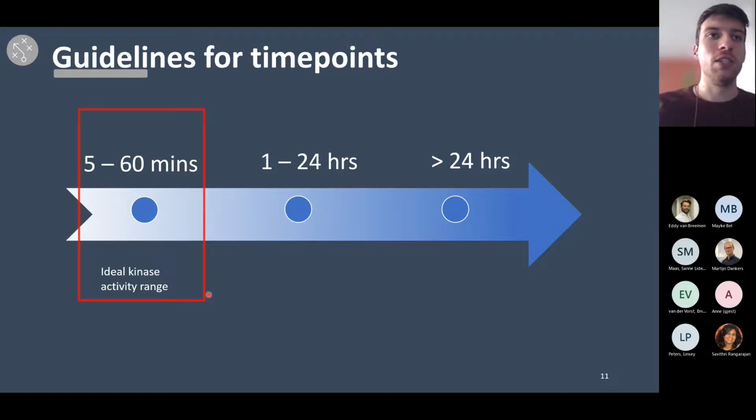This is when your kinases will be most active after, for instance, an activation or an inhibition with a certain drug, and this is when you'll see the highest activity of your upstream kinases. If you assume that you have an inhibitor against, let's say, EGFR, then it's probably worthwhile to do the assay about 10 minutes after adding the inhibitor.